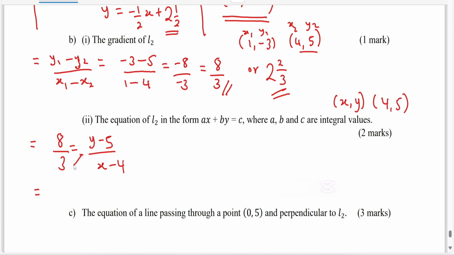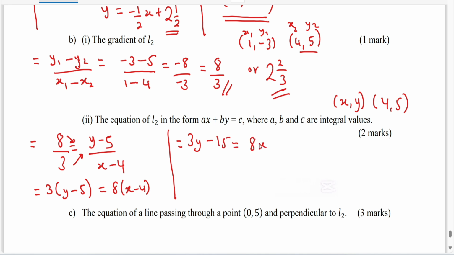So 3 times y minus 5 equal to 8 times x minus 4. Expanding, it should be 3 times y, 3y, 3 times negative 5, negative 15, equal to 8x, 8 times negative 4, negative 32.